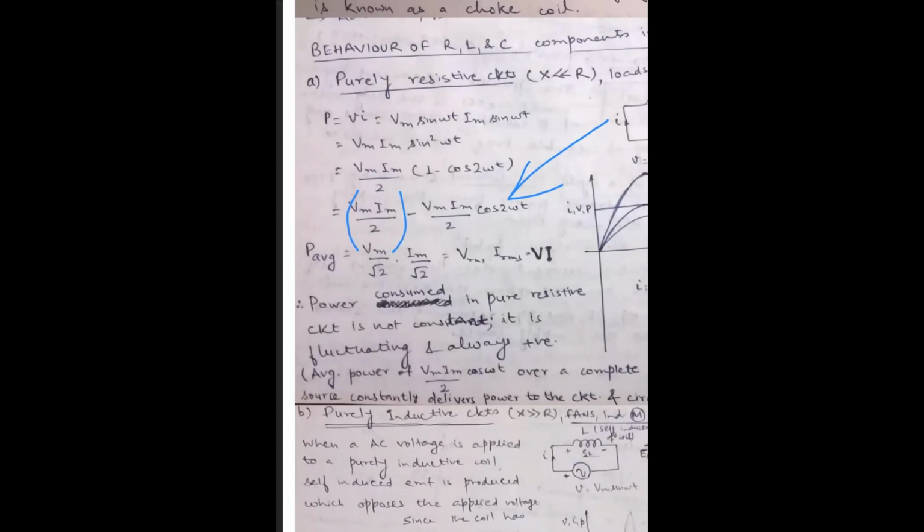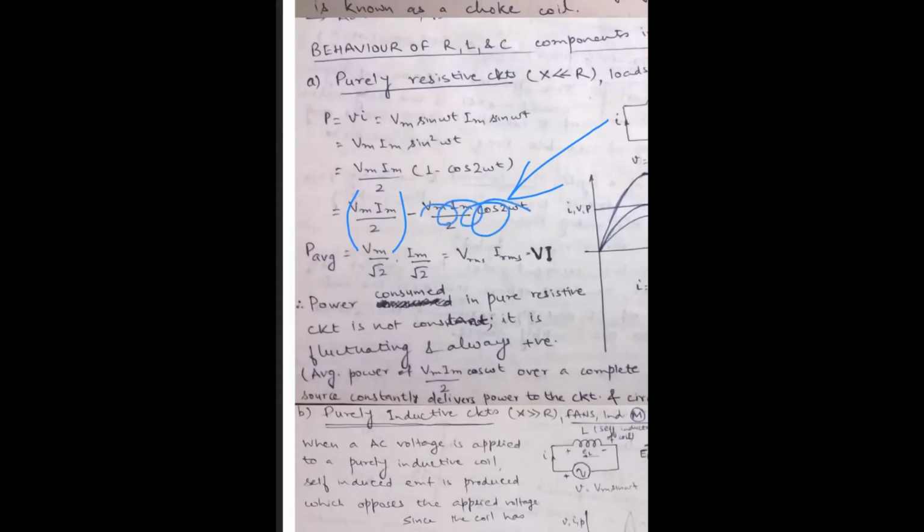Now we are required to calculate the average power. This is the average power, because this is a sinusoidal quantity, and we have seen in the previous lecture that the average value of the trigonometric quantities for the full cycle is 0.